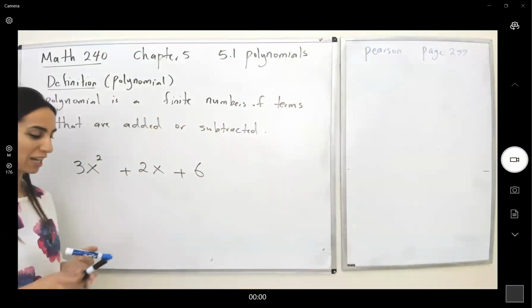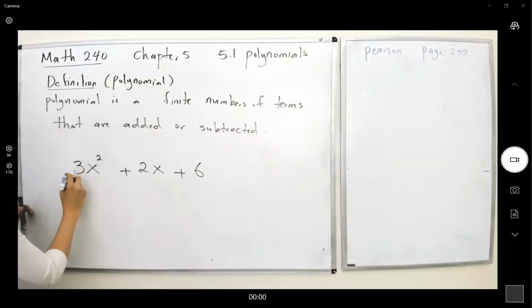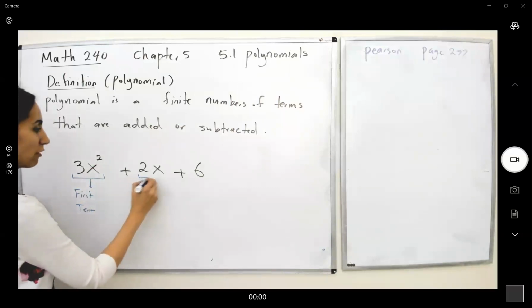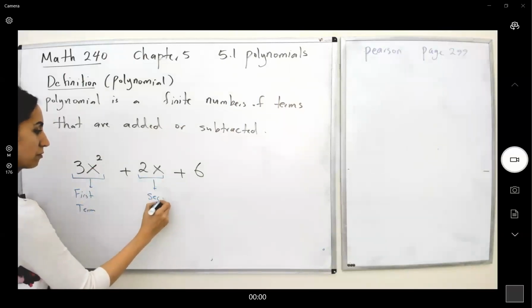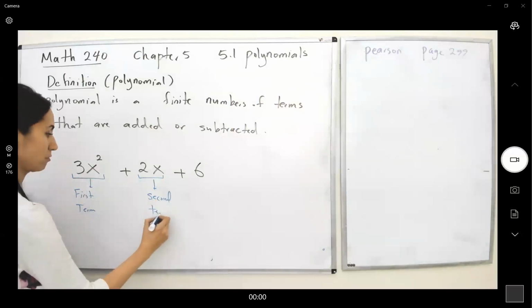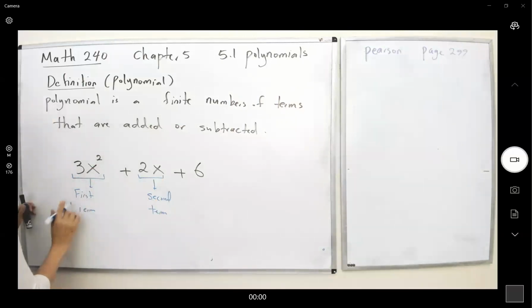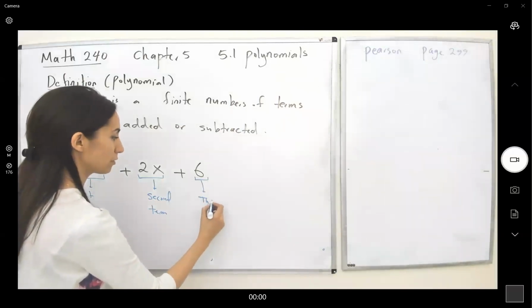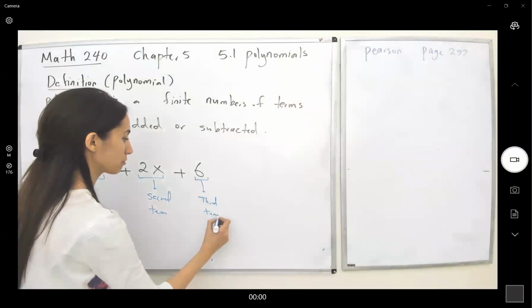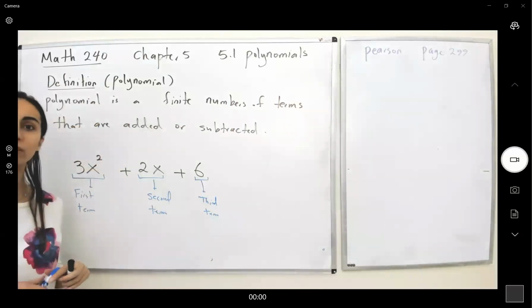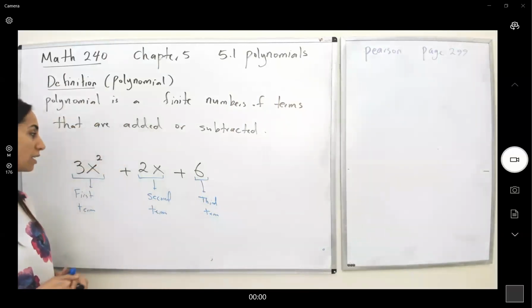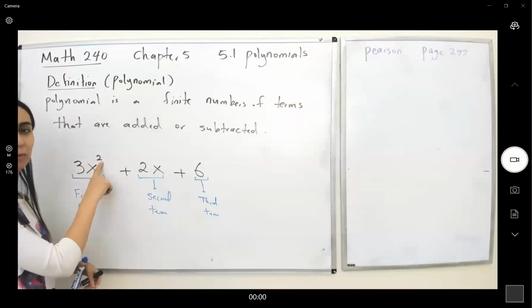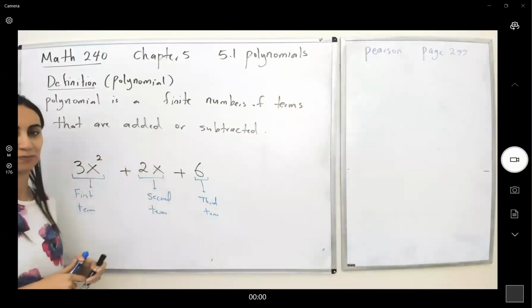How many terms do we have? Let us count them. We have our first term. Then we have our second term. And here we have our last term, the third term. One thing that I want you to note is about the exponents in each term.